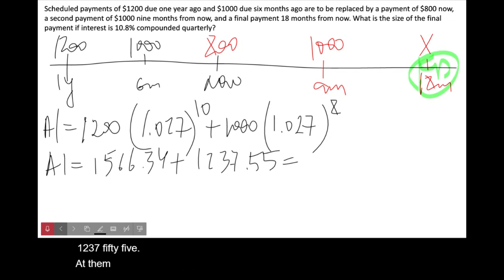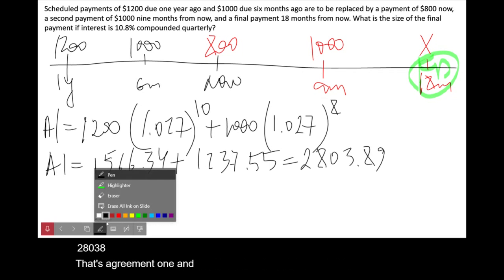Add them up. 2,803.89. That's agreement 1 at the focal date.